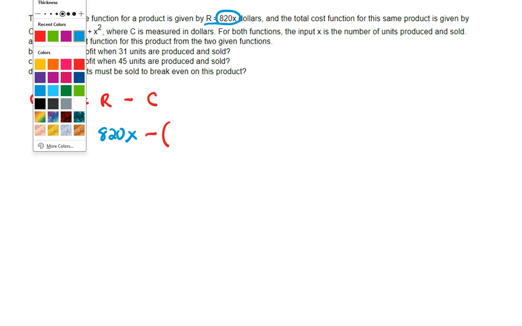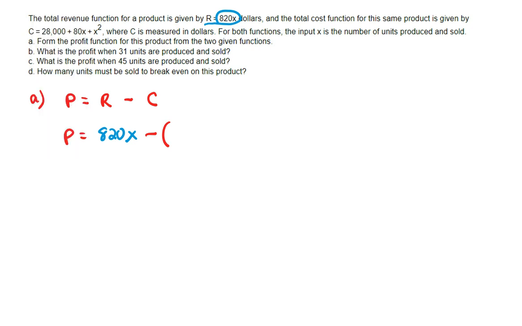And the cost is this function right here. And I have to put it in parentheses because it's behind this subtraction sign. So it's 28,000 plus 80x plus x squared. And my MyMathLab tells you to simplify this.